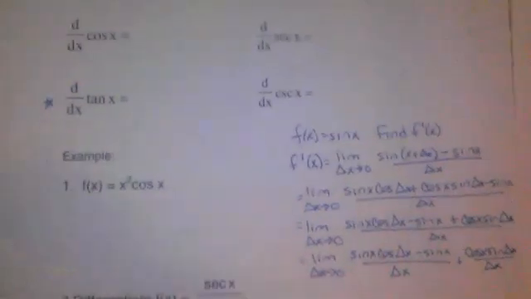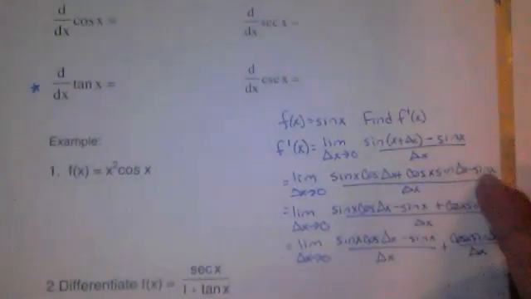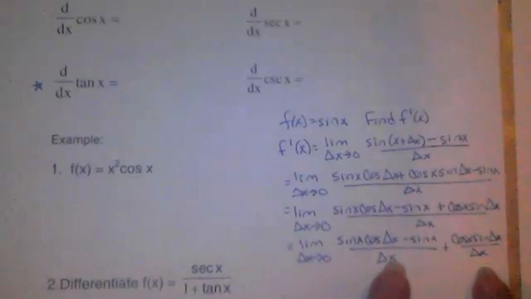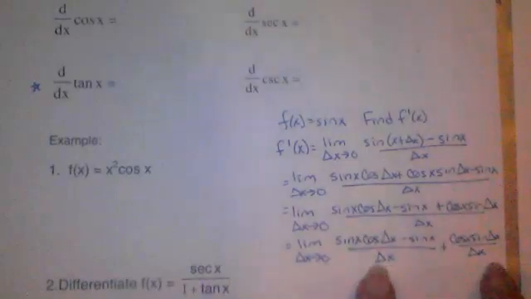All I did here was switch these two things, and then I split this up into two fractions because when I add fractions, they have a common denominator, so I just pulled them back apart.